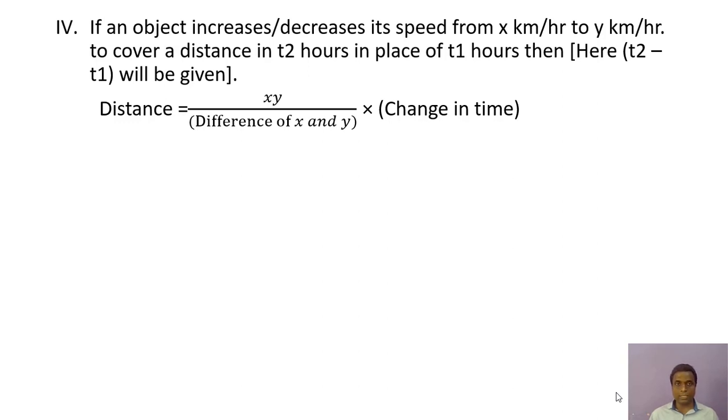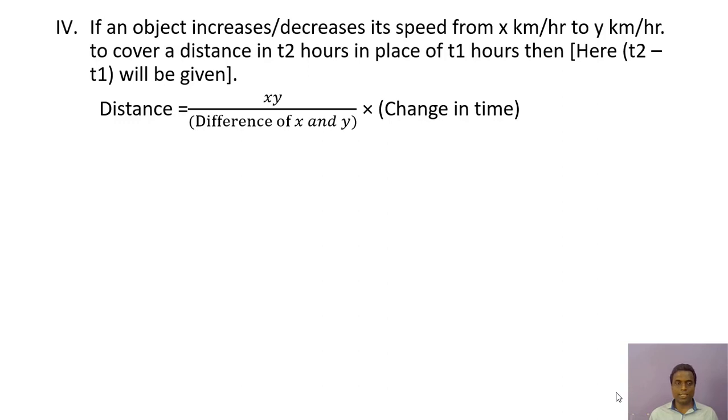So the speed is changed. Remember, the word changed includes both increasing and decreasing the speed. So the speed was x kilometer per hour and the time taken is t1 hours; it converts to speed y kilometer per hour and time t2 hours. So what is the distance traveled?